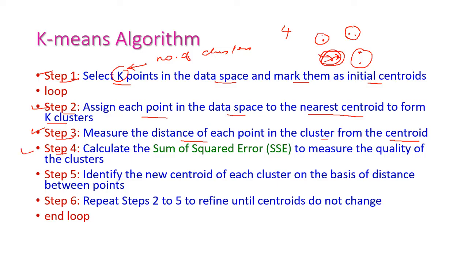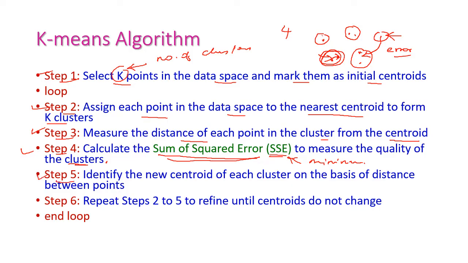Step 4: calculate the sum of squared error to measure the quality of the centroids and clusters. If a point is an outlier and is assigned to a particular cluster, an error will occur. So we compute the sum of squared error, and this sum of squared error should be minimum.